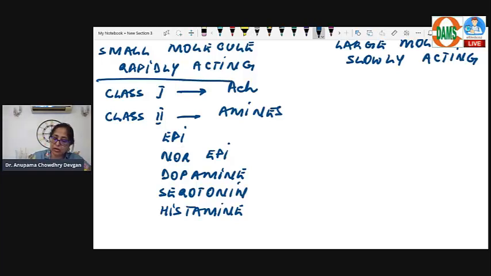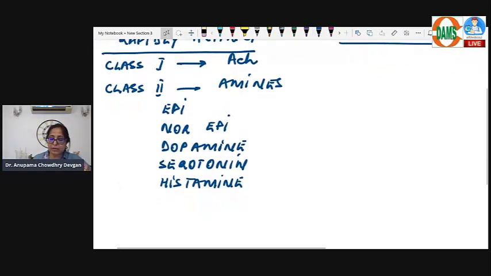You've got large molecule slowly acting, and small molecule rapidly acting neurotransmitters. Class 1, acetylcholine. Class 2 are amines: epinephrine, norepinephrine, dopamine, serotonin, histamine. Class 3 are the peptides.